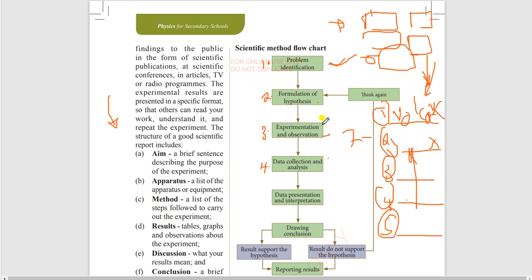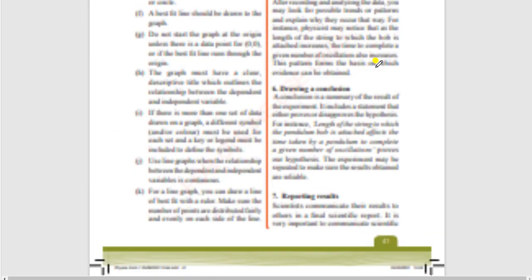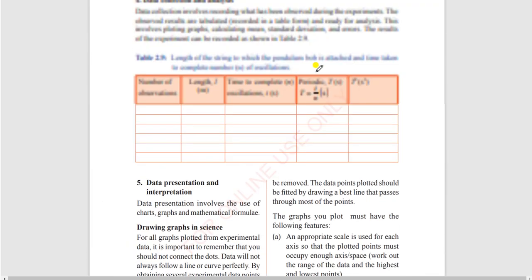Miogo inachukua muda gani kukua, mahindi yanachukua muda gani kukua, na marage yanachukua muda gani kukua. Kwa hiyo tunafanya data collection, tunarekodi ule muda. That's why kwenye mahali fulani hapa amechora table.